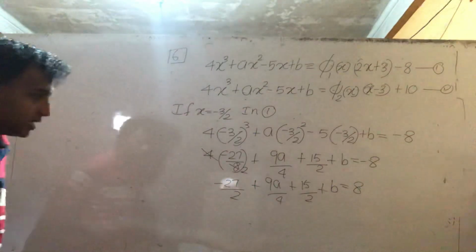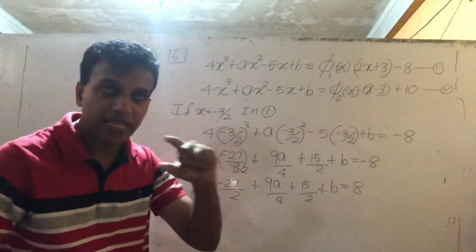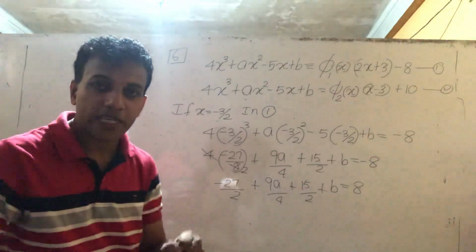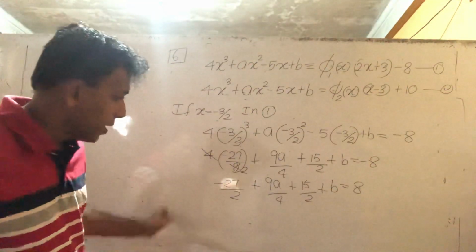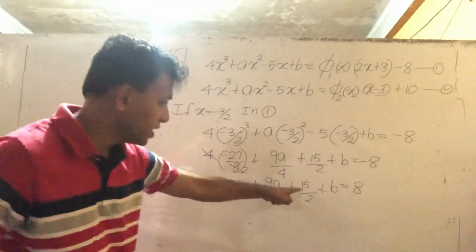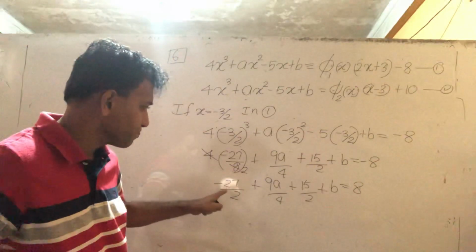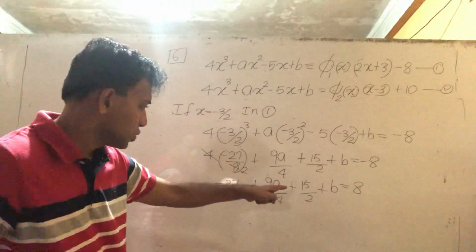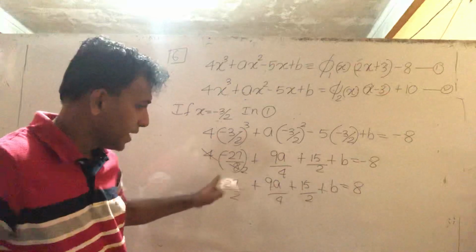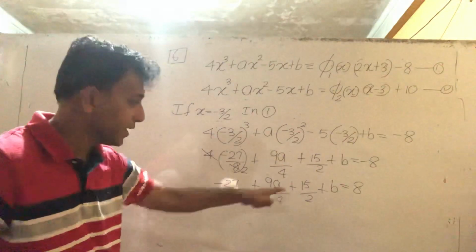Now try the linear form, your ordinary maths idea, a linear equation in terms of a and b.